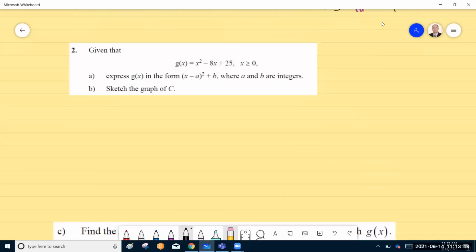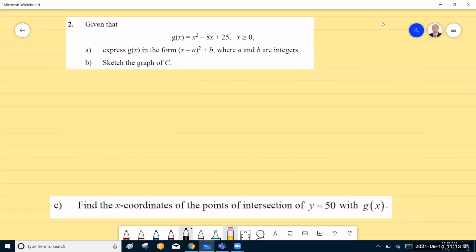Number 2. Given that g of x is this function and x is bigger than or equal to 0, express g of x in the form. This is completing the square, one of the easiest ways: x squared minus 8x plus 25. Just complete the square by writing x minus half of 8, which is 4, all squared, minus 4 squared, which is 16.